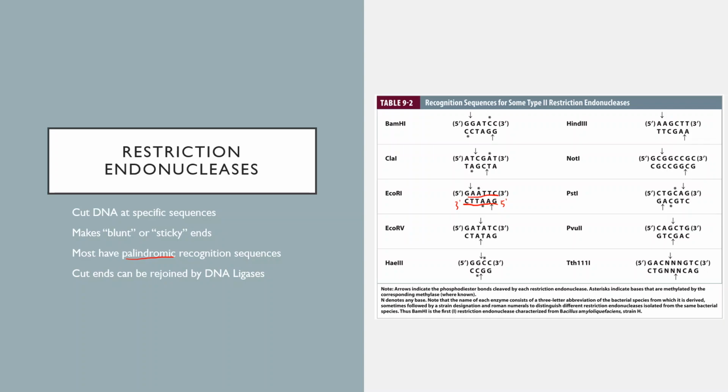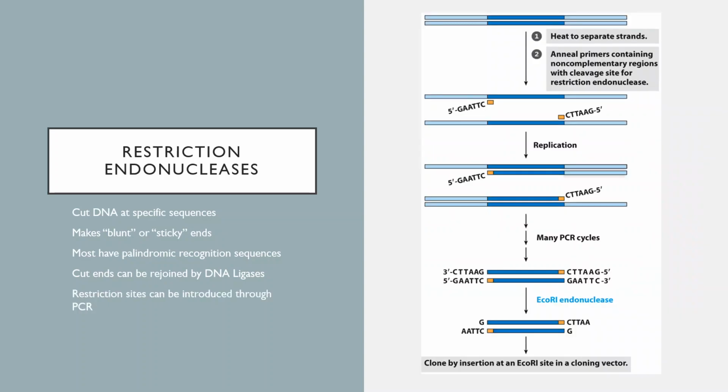But then there are some situations where you might have a nucleic acid sequence that you're interested in, and there is no restriction site, or at least the restriction site that you want is not present.